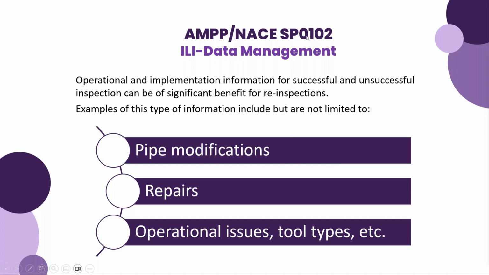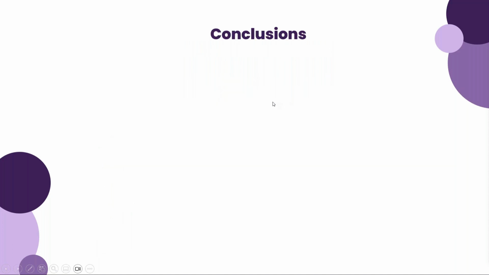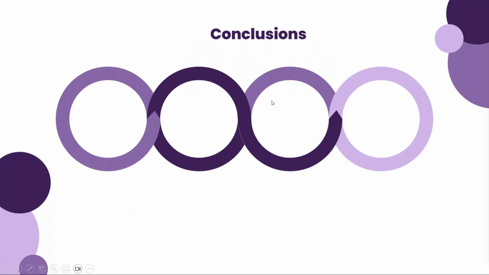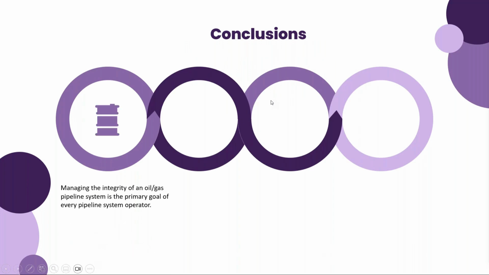This is SP0102. And I want to keep in line with our folks here, to keep it to 45 minutes. So we're coming right into conclusions. So I'll spend a little time here. We should be managing the integrity of the pipeline system as the primary goal. We've got that.